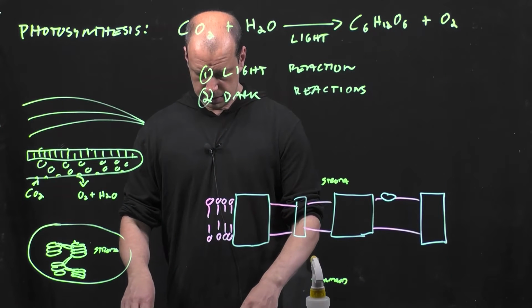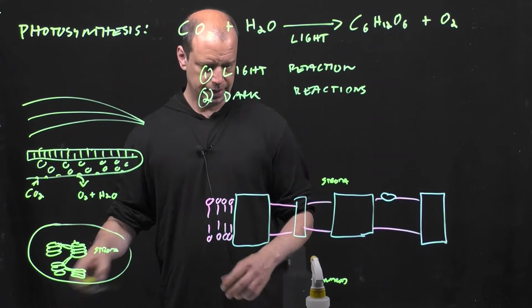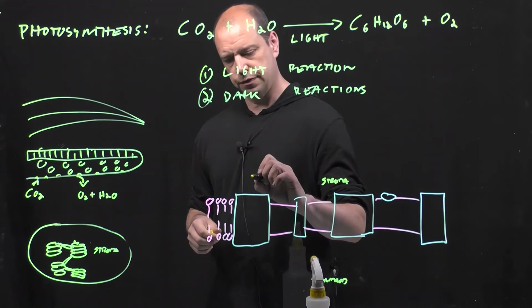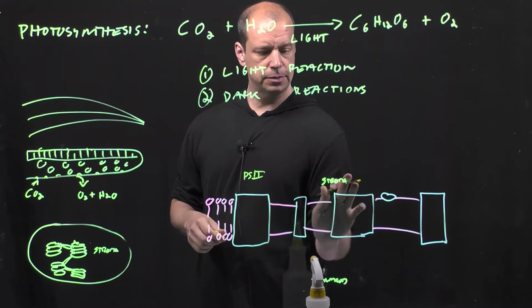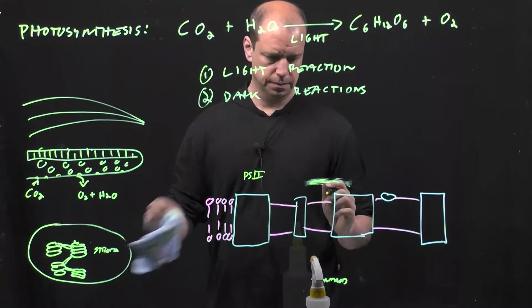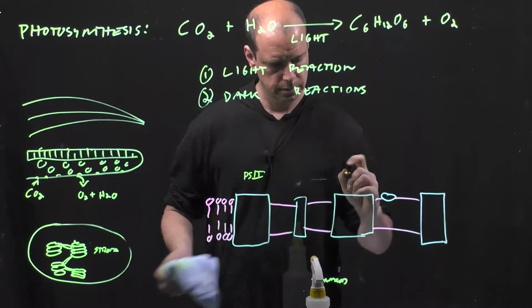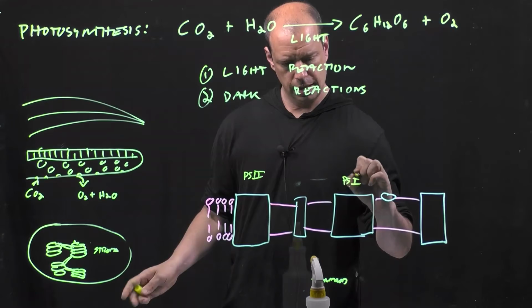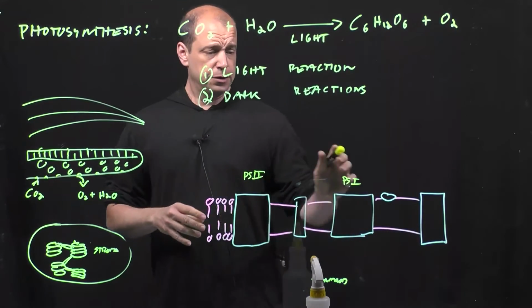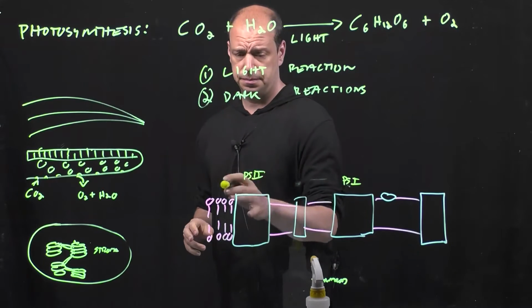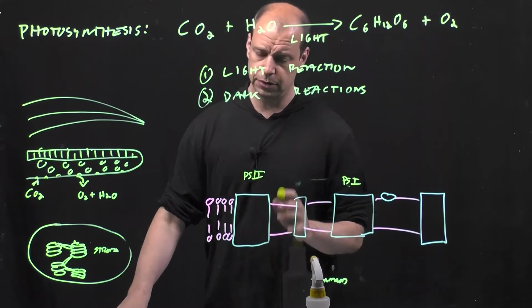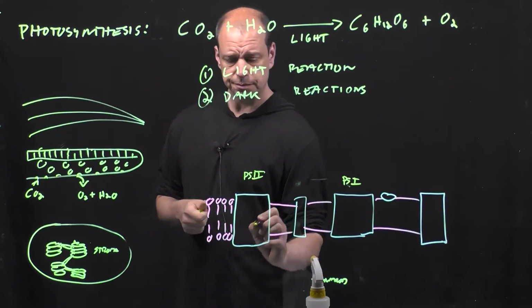So the critical light capturing devices are photosystem 2 and photosystem 1. Photosystem 1 was discovered first, photosystem 2 was discovered second, but in time, photosystem 2 takes place first.